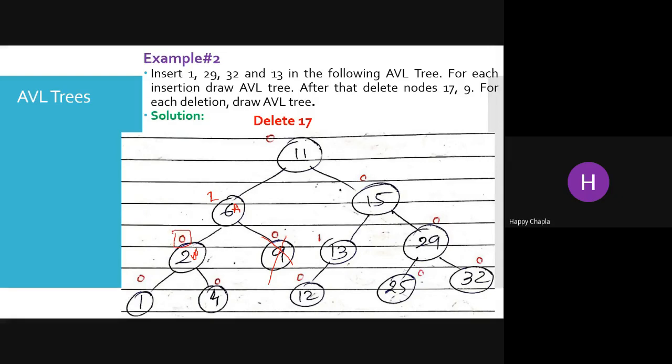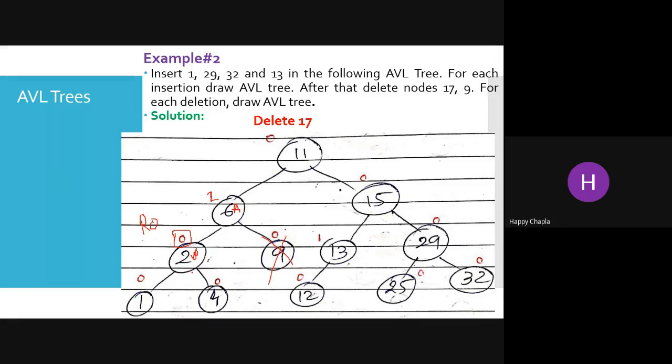So whenever your B contains 0 as a balance factor and you want to delete something from the right hand side, you need to give the R0 rotation. And what is the scenario in the R0 rotation? This is something like A, B and T1, T2, T3. T3 is not available.